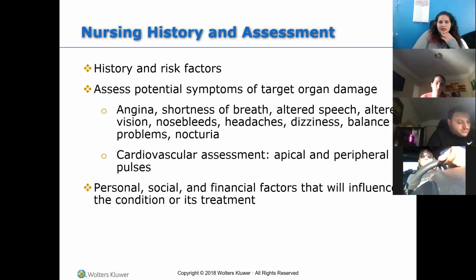Okay. Nursing history and assessment. We got the history and risk factors, assessing potential symptoms of target organ damage, things like angina, shortness of breath, altered speech, altered vision, nosebleeds, headaches, dizziness, balance problems, and nocturia. And then a cardiovascular assessment of apical and peripheral pulses. And then you also need to know the personal, social, and financial factors that will influence the condition or its treatment.